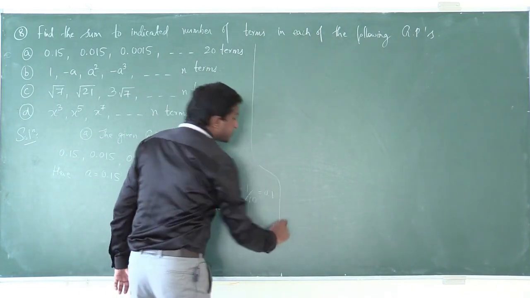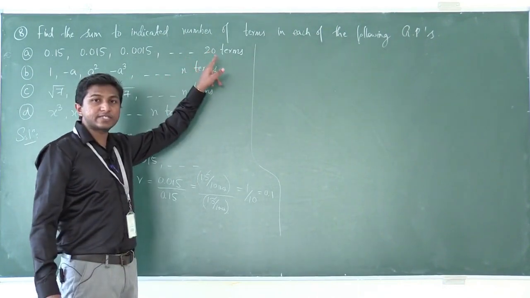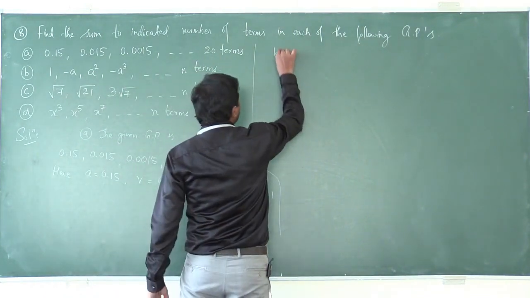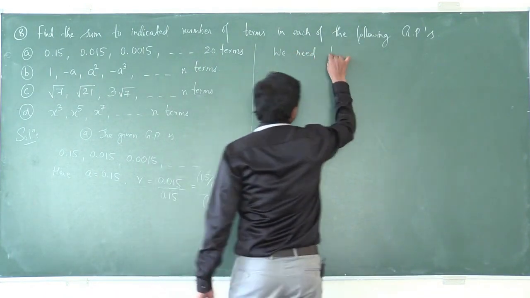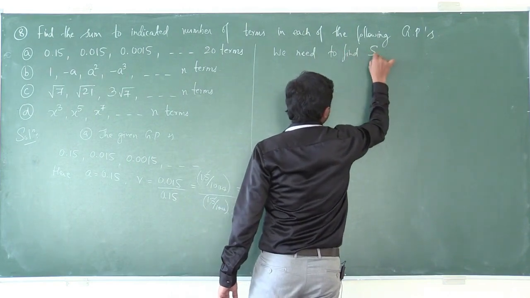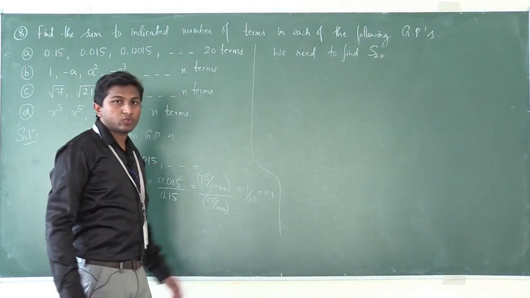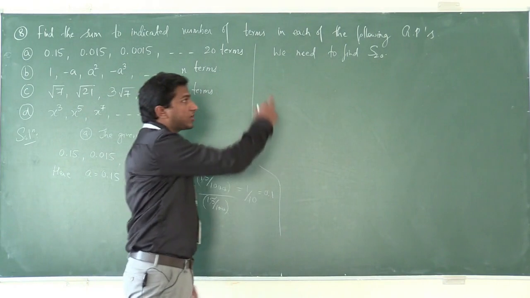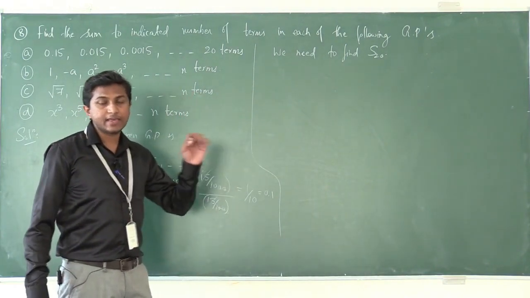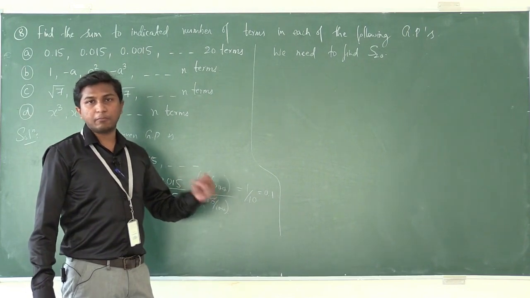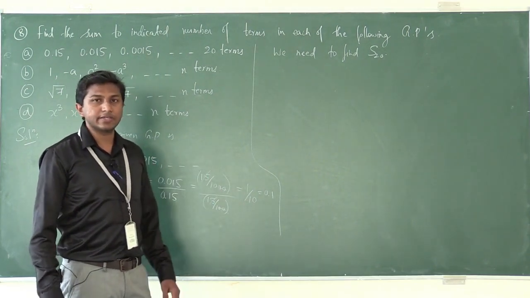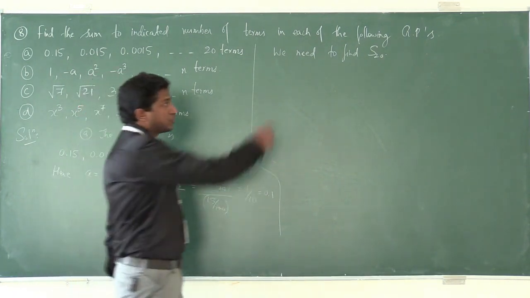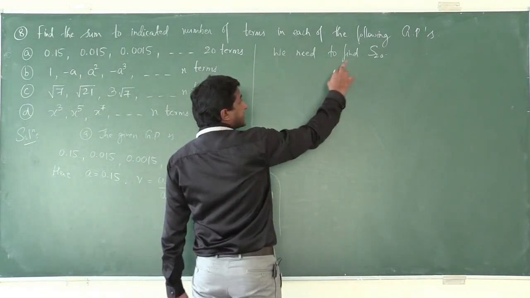Now the question is asking us to find the sum of the first 20 terms. That is, we need to find S20. We can use the formula of Sn. So what is Sn for a GP? It is A into r power n minus 1 divided by r minus 1, where A is the first term and r is the common ratio. So using that formula, what will S20 become?